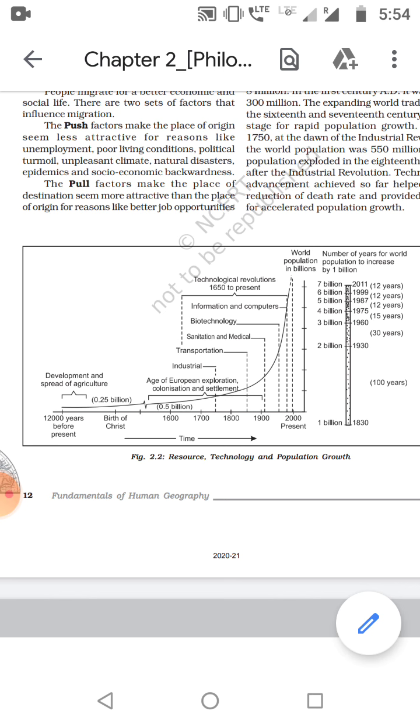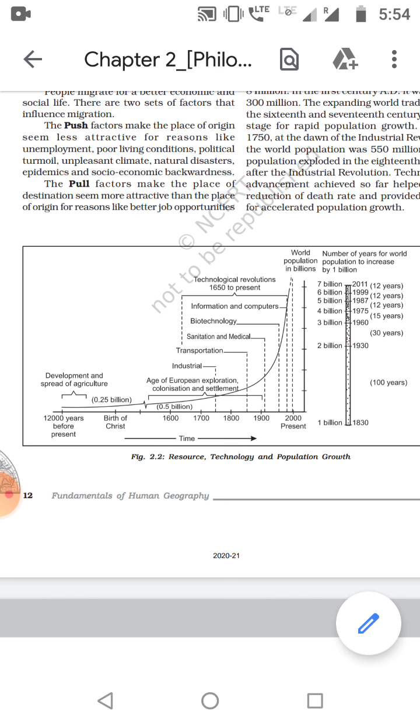From 1750, the age of industrialization, the population has increased at a rapid rate, and the figure also shows how many years it has taken for the population to increase by 1 billion. In 1830, around 190 years ago, the population of the world was 1 billion.